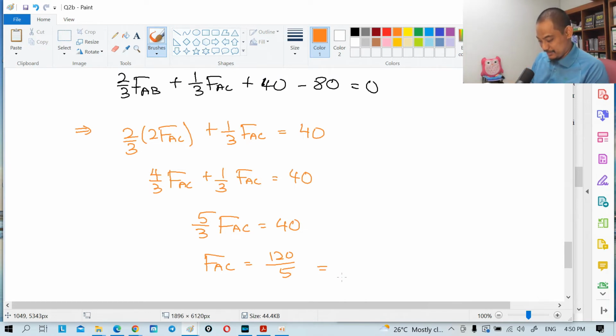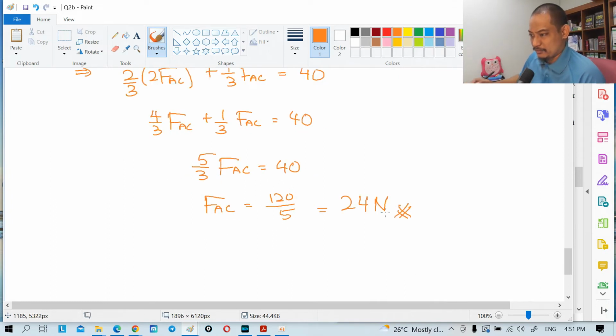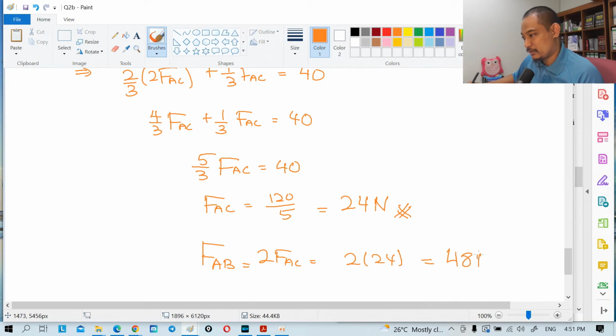I'm so sleepy. 120 divided by 5, 24 Newton. Now if this is 24, we have resolved FAB is what's above here, 2 FAC, right? 2 times 24 equal to 48 Newton.